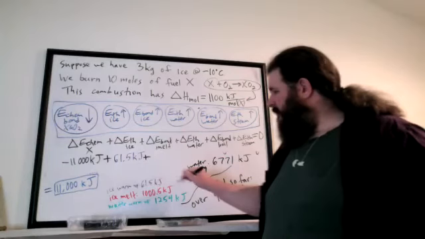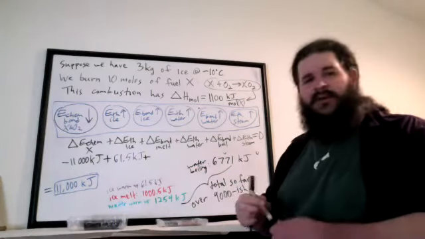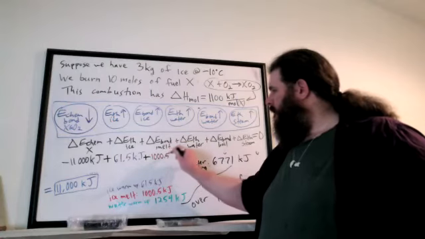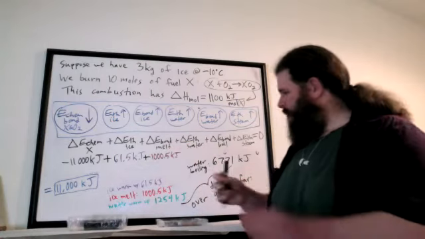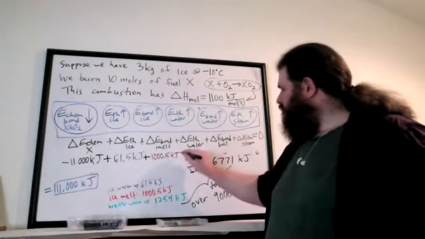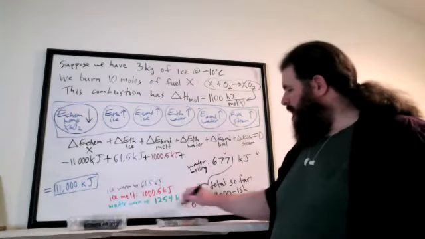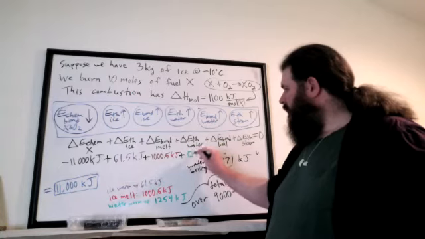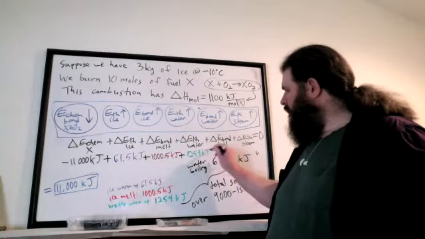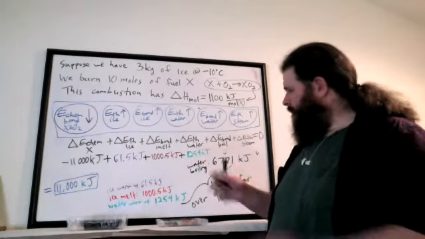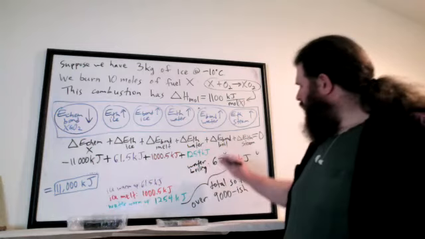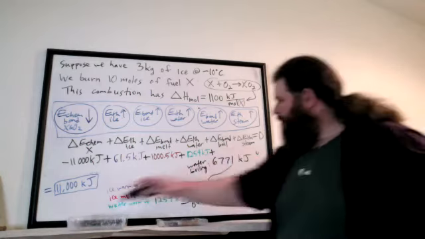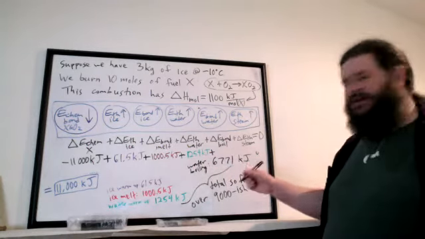And for the ice melting, we already found it takes 1,000.5 kilojoules. And for the water warming up, we already found that takes 1,254 kilojoules. And we already found that for the water boiling, it takes 6,771 kilojoules.